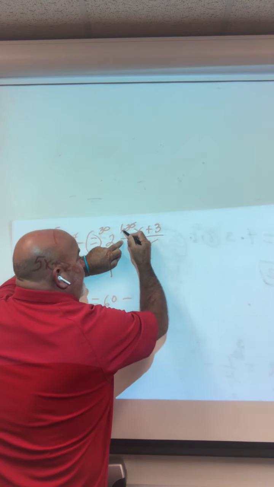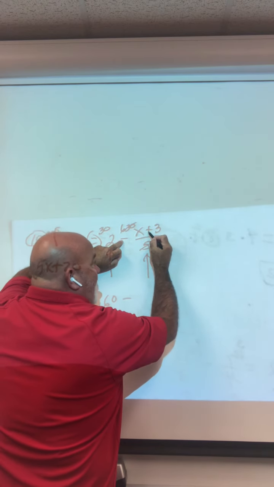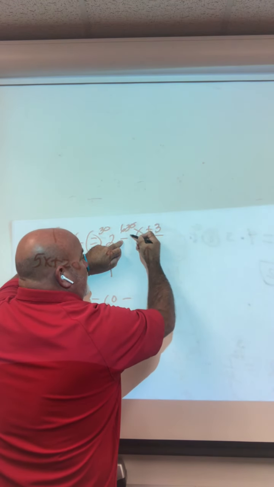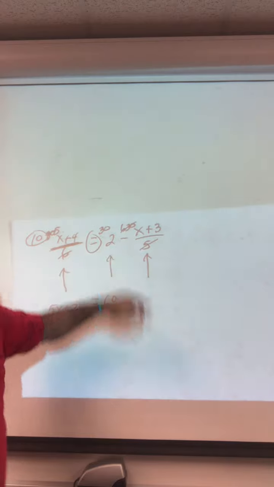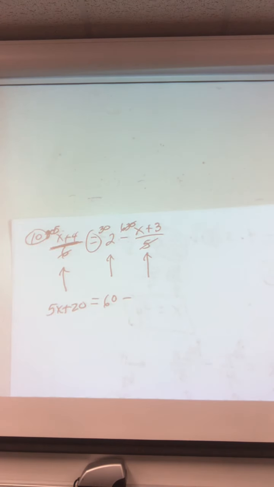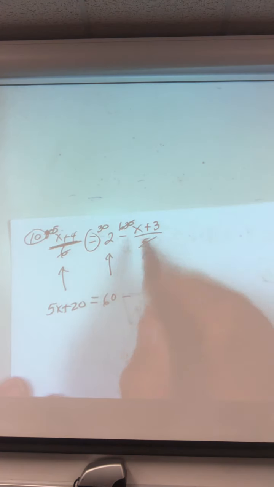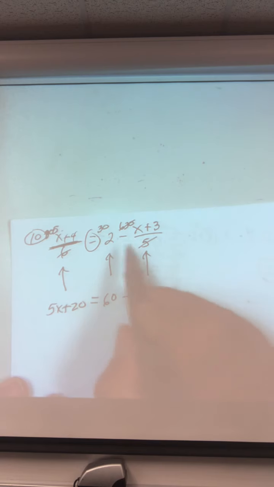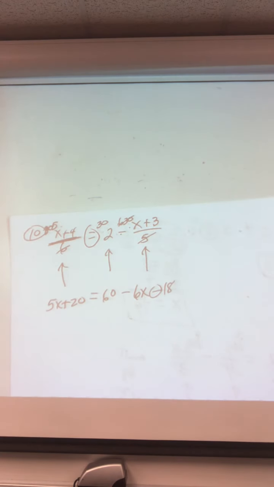But it's negative 6 times a positive 3. Negative 6 times a positive 3 is negative 18. Negative 6 times x is negative 6x. But then negative 6 times 3 is negative 18. And that's where we usually make the mistake right there.